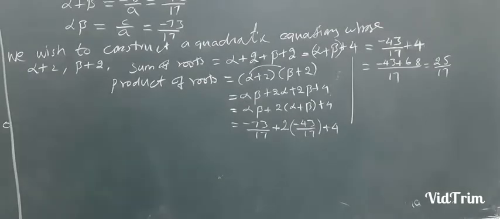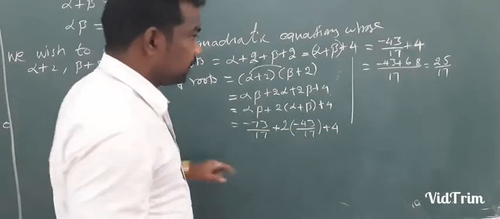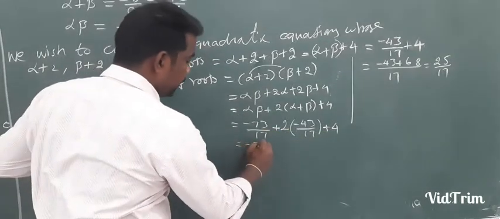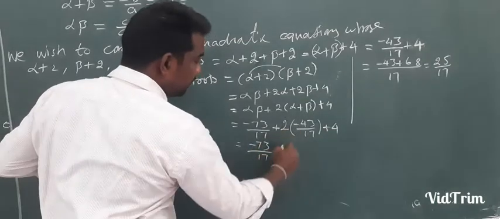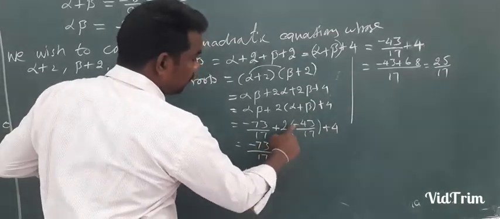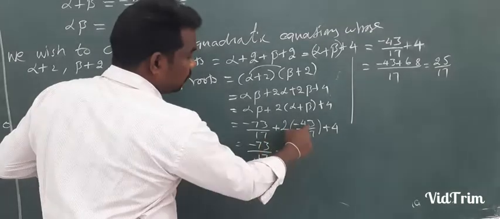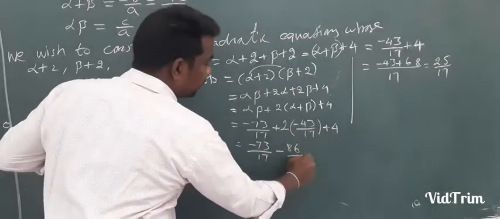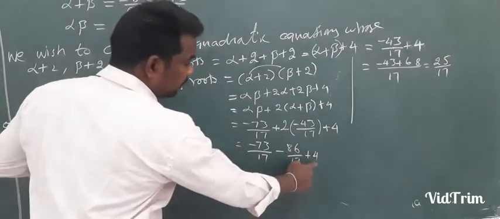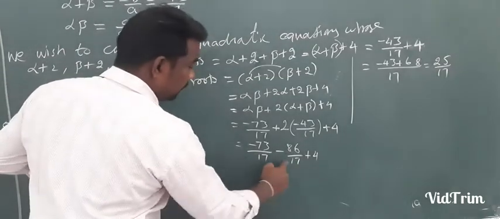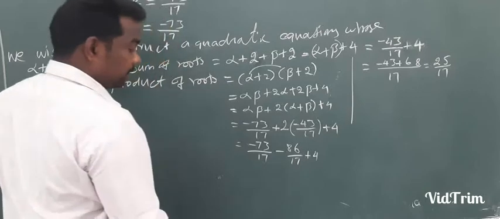Now we are going to take the LCM of these numbers. Minus 73 by 17, minus 2 into 43 is minus 86 by 17, plus 4. Now take the LCM for 4 because these are in the same denominator.